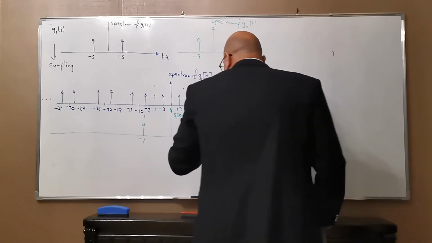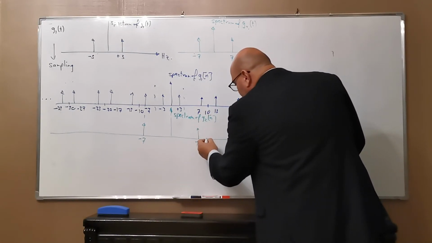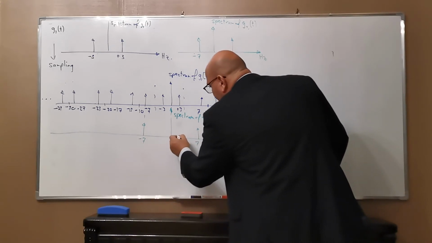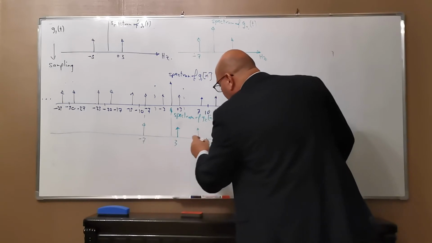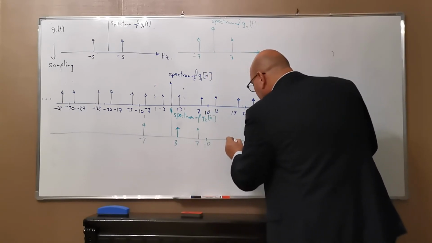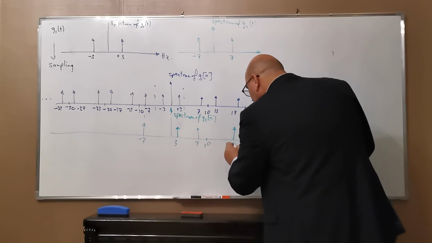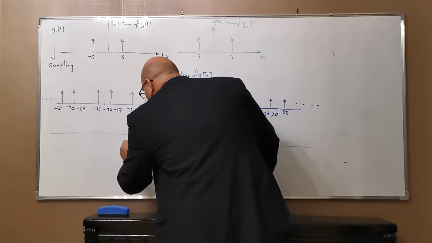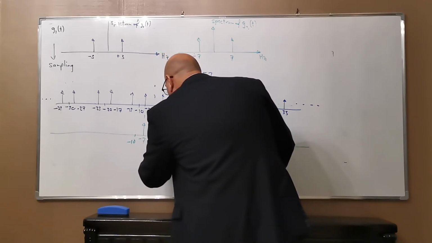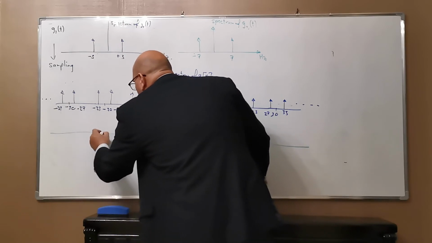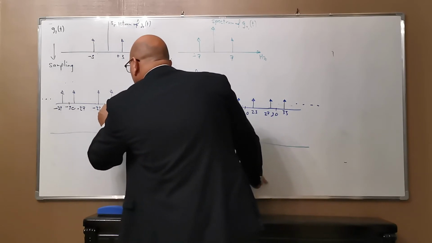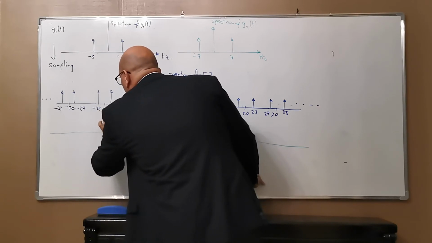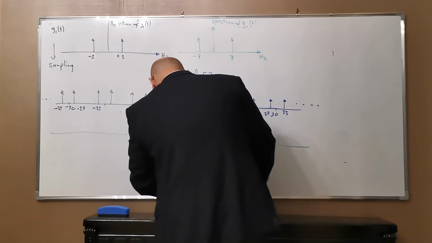Now, when we go to the sampling frequency, 10, we will go down by 7. If we go down by 7, then you are at 3. So you have a spectrum at 3. And you go up by 7, so you are at 17. Now, if you go to -10, you will go down by 7, so you are at -3, and you go down also by 7, so you are at -17.